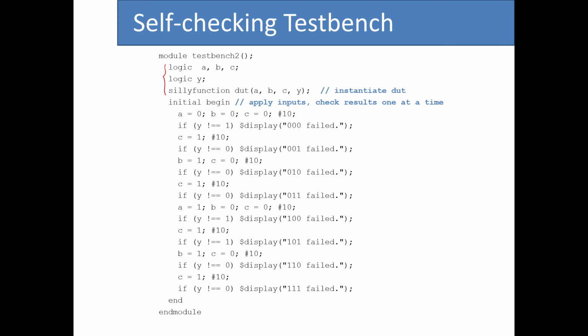But this time we want to check whether the values are correct or not. If you look at the function, y was b bar c bar plus a b bar.